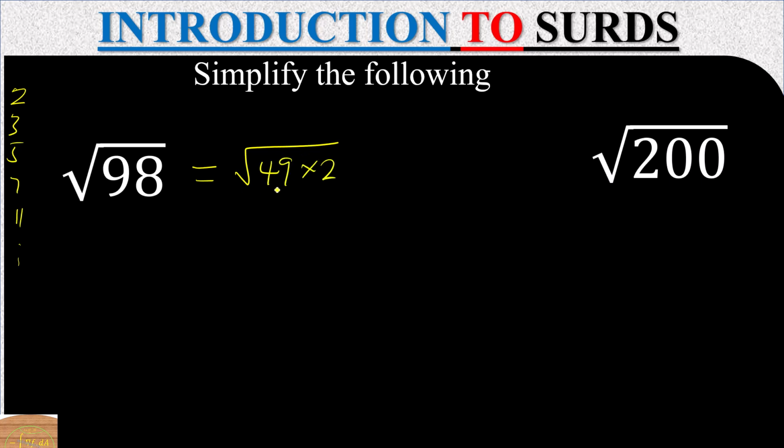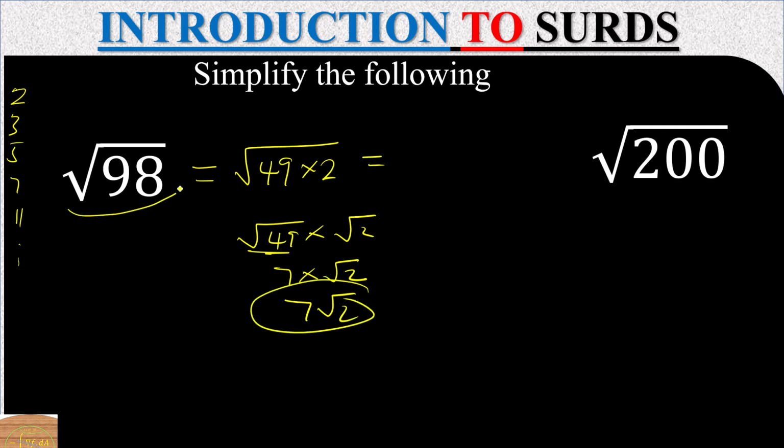So √49 times √2, we have 7 times √2, so 7√2. Now if we take the square root of 98, it will give us this, so we say this one is equal to that.